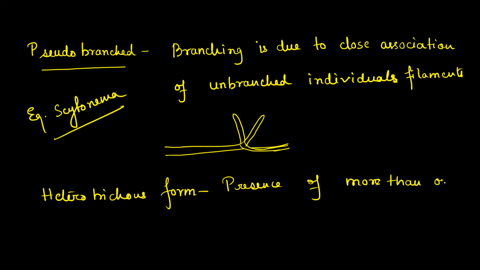Plant body consists of a prostrate system from which an erect system develops.